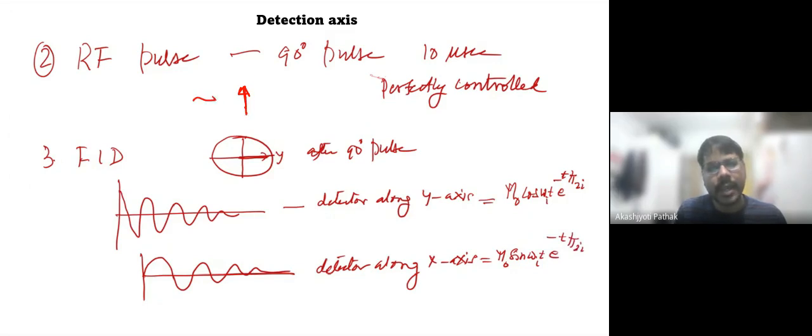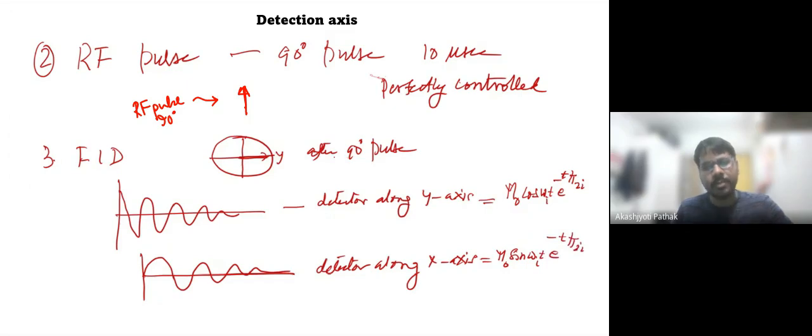Now you are applying a 90-degree RF pulse. The first point is that it should be very perfectly controlled. If it is 10 microsecond, then it has to be 10 microsecond, not 10.1. And the third thing is the detection axis.